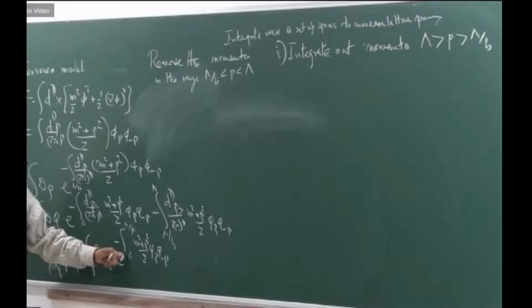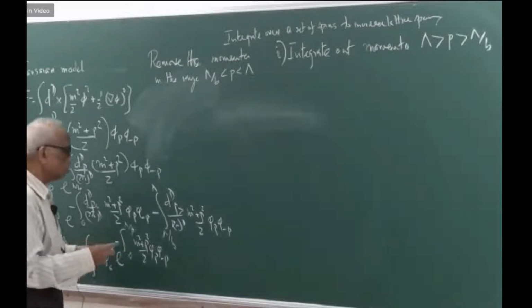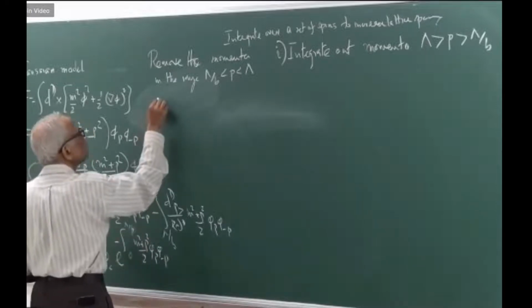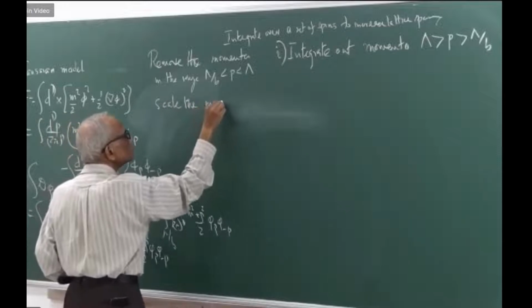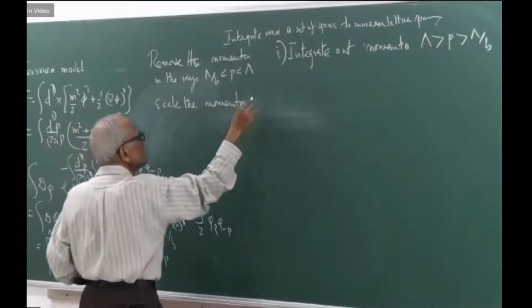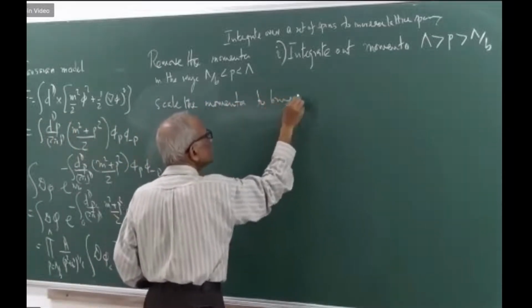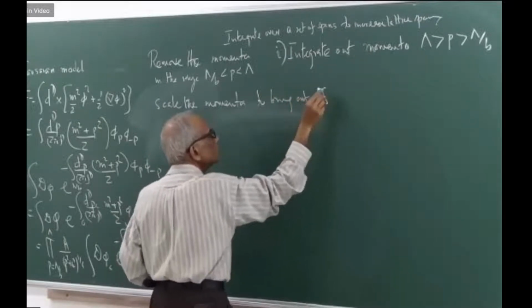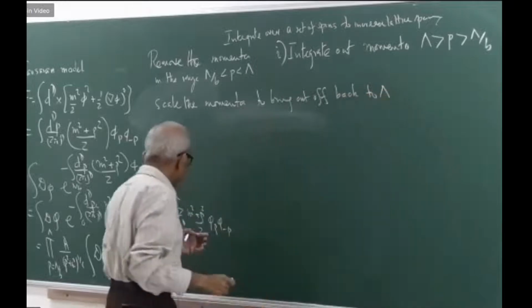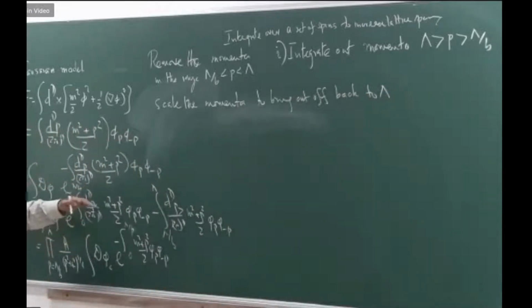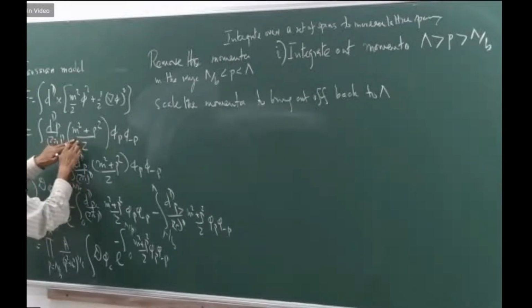So what I need to essentially do is rescale back. So scale the momenta to bring the cutoff back to lambda. I have to compare the m with the m that I started out with over here.